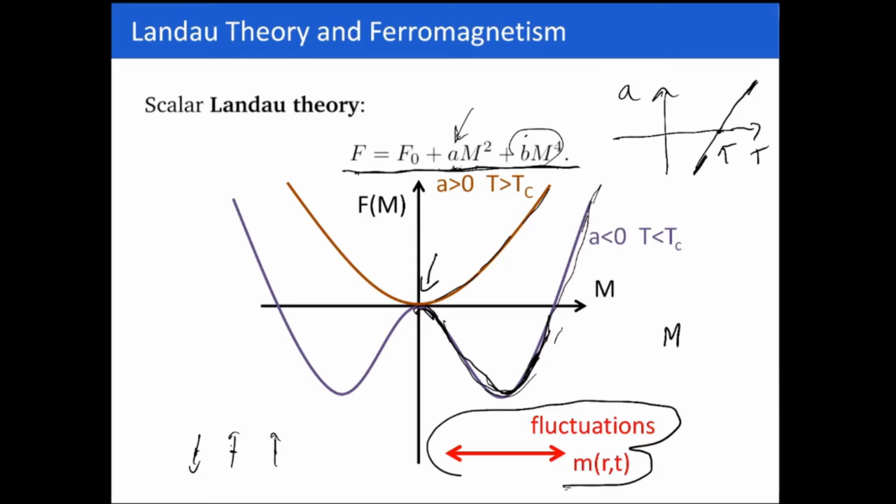Different sites can have different moments, and a given site can have a different moment at different times. So in Landau theory, you're assuming basically that all the sites have the same moment, and as you go through the phase transition, they all develop a moment at the same time, and as you go above the phase transition, the moment disappears. That's an approximation, called the mean field approximation, when we assume that they're all the same, and only the mean is important.